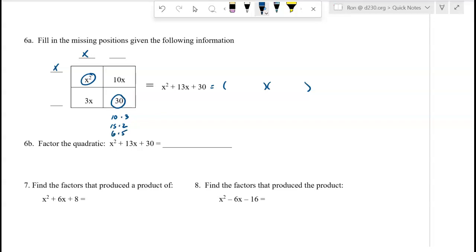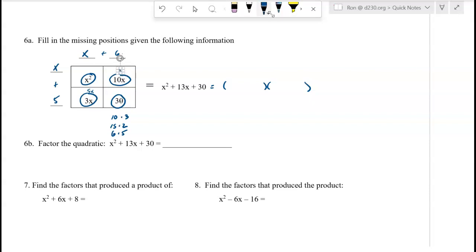But the thing is, I need whatever multiplies to 30 to give me 13x. So, hypothetically, say we put plus 6 plus 5 here. 6 times 5 would give me 30. However, 6 times x would give me 6x. 5 times x would give me 5x. That would only add up to 11x.